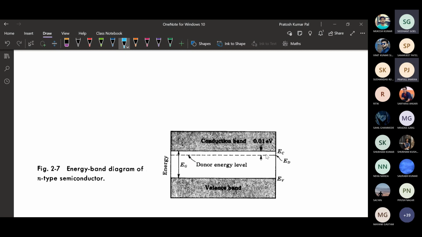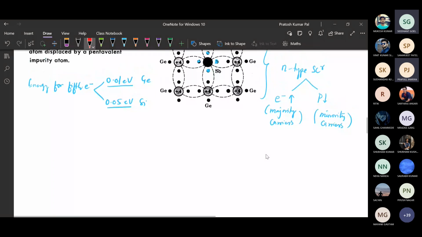Once we have done the doping with a pentavalent impurity, an extra energy level will be created just below the conduction band, because our motive is to move the electron from the valence band to the conduction band. By doing the donor doping, we are able to have a donor energy level just below the conduction band, and the gap between the conduction band and the donor energy level is 0.01. That is the amount of external energy we were required to supply so that the electron can move.